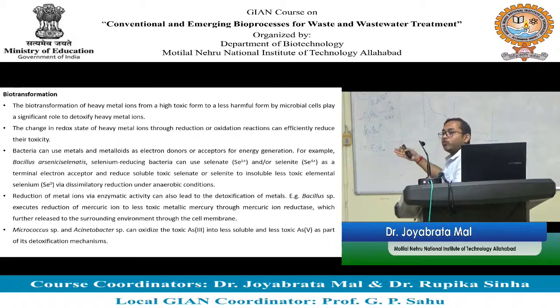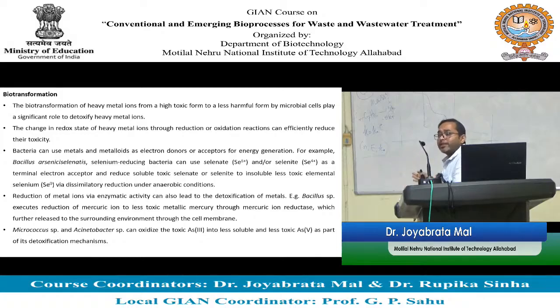Selenium 6, 4, selenium 0 and then selenium minus 2 or selenide. And selenide has a similar affinity towards metal, or metal has a similar interaction with the selenide. Okay, as soon as they find selenide is present, the metal will precipitate as a metal selenide. Okay, and in that way you can remove both metal as well as selenium.